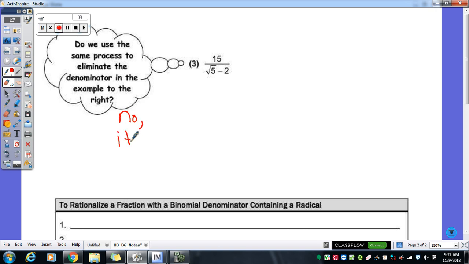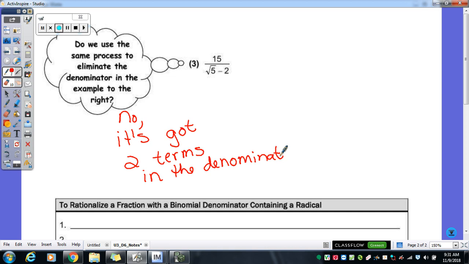It's got 2 terms in the denominator. So our process is going to be slightly different. Still can't have that radical down there, so we still have to rationalize, but the process is going to become a little bit different.